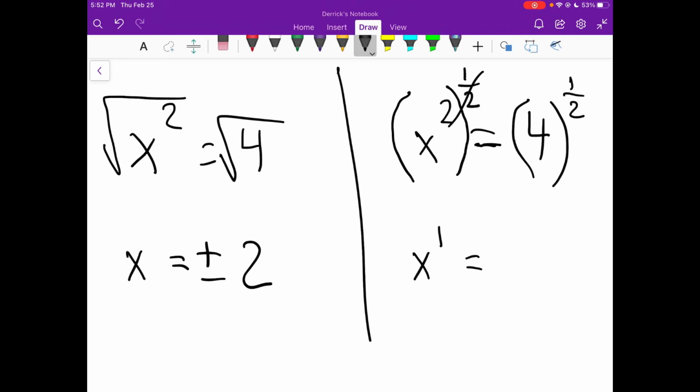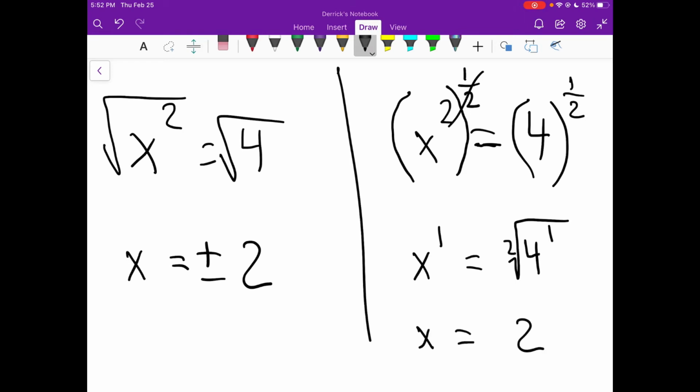Well, taking something to the 1/2 power is the same thing as square rooting it, because what we're effectively saying when we say 4 to the 1/2 is we have a 4 to the first power, remember numerator of 1 is the regular exponent, with a denominator of 2, meaning we are doing a second root, or square rooting. And 4 to the first is 4, and the square root of 4 is 2.